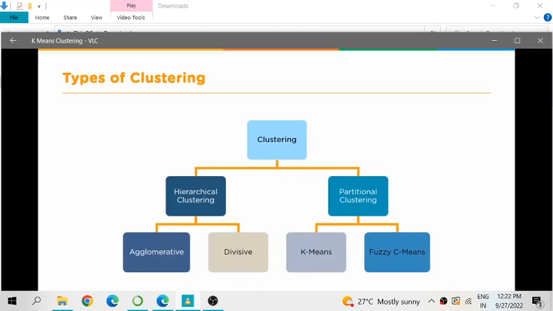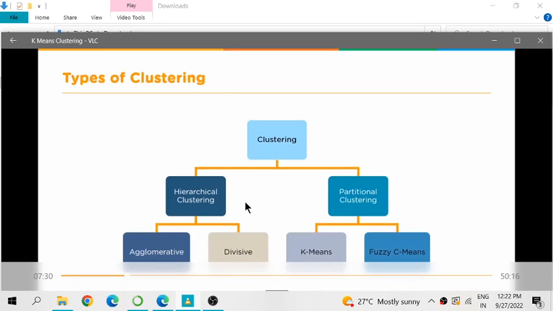And under partitional clustering, we have two types, k-means clustering and fuzzy c-means clustering. The most commonly used clustering techniques are hierarchical clustering, and in partitional clustering, k-means clustering is the most commonly used clustering technique.